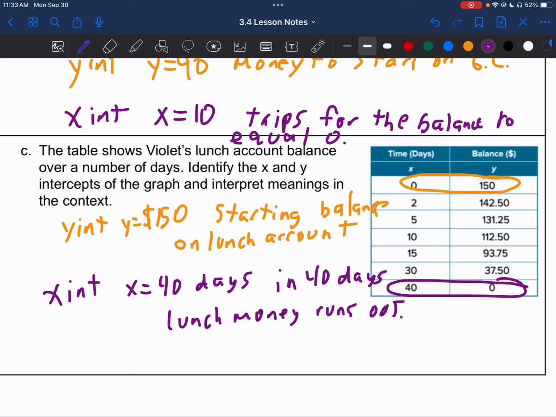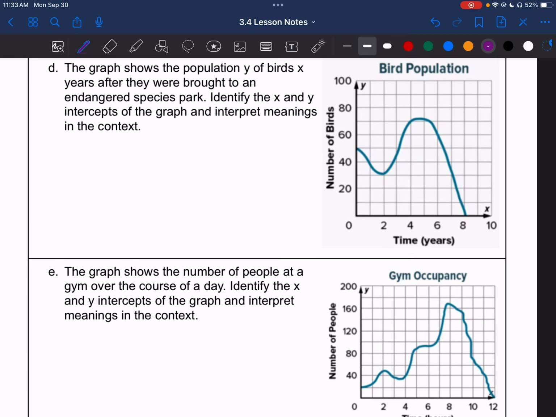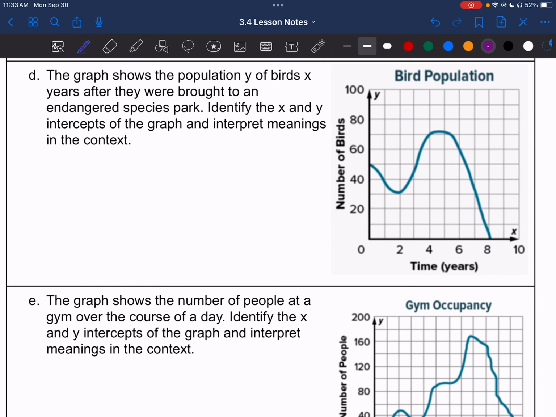Okay, in 40 days, the lunch money is going to run out. Now, I want you guys to do letters D and E on your own and then check them against my work.